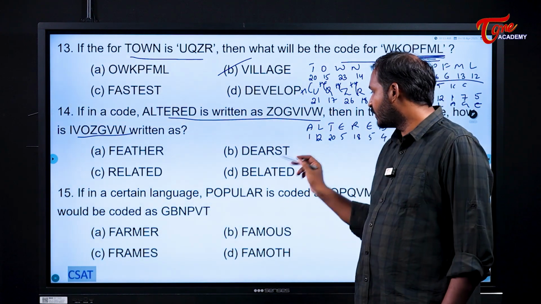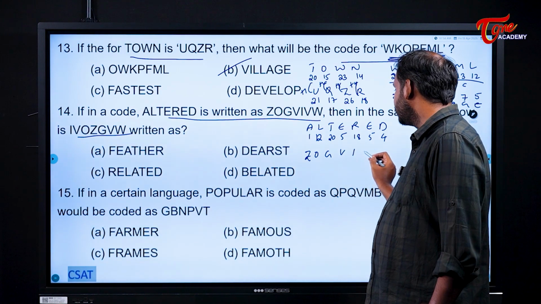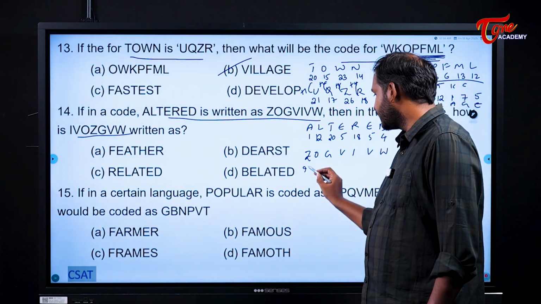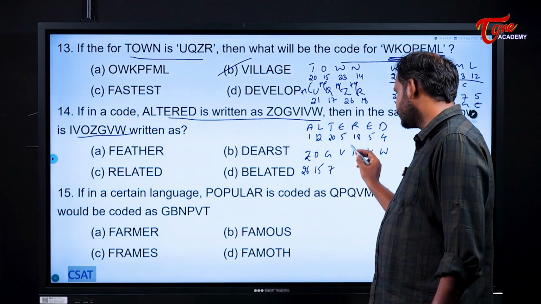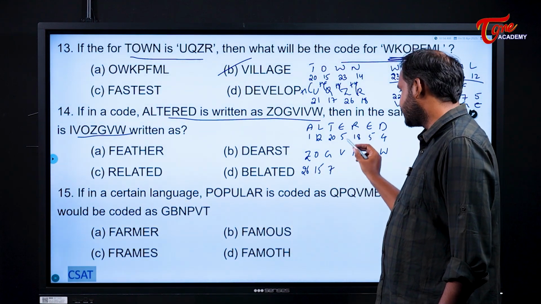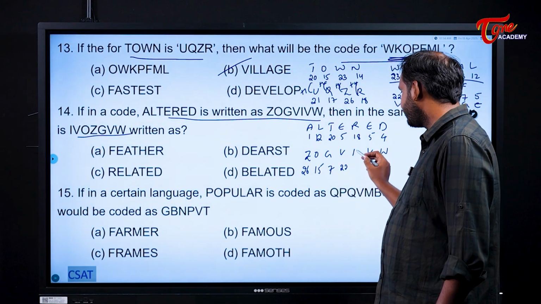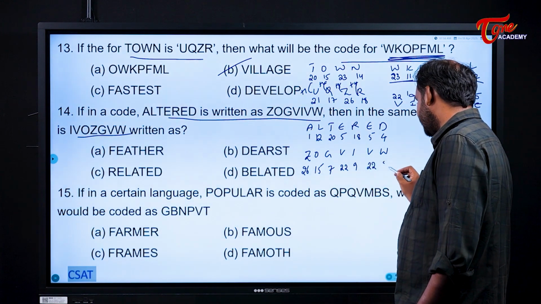Altered is coded as ZOGVIVW. So what happens to this? 26, 15, 7. Okay, we will see. E and V, what you will get here? 22. This is 9. This is 22 and this is 23.